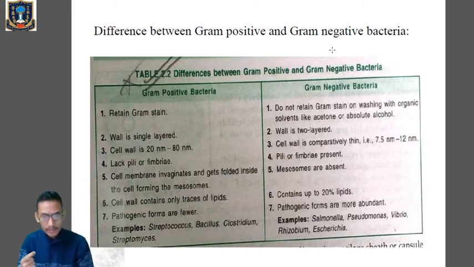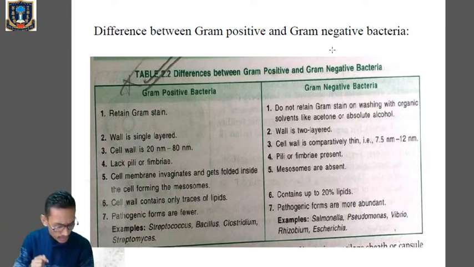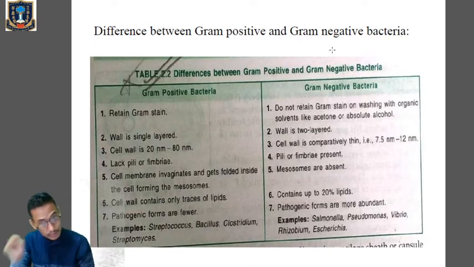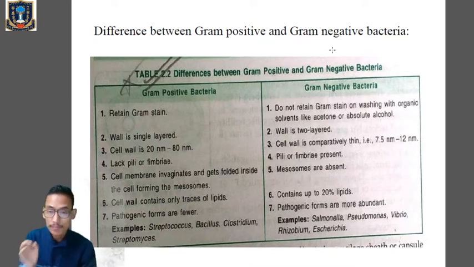Those colorless bacteria, when stained with safranin or carbol fuchsin, became red. Bacteria which remain purple are called gram-positive bacteria, and those which turn red are called gram-negative bacteria.